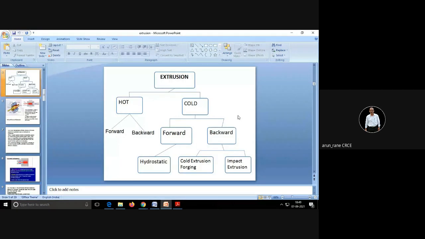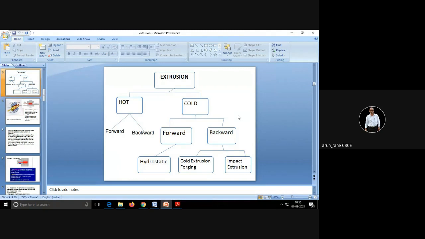So extrusion is broadly classified into two categories, that is hot extrusion and cold extrusion. Again, I am telling you that cold extrusion doesn't mean that the raw material is not heated, or that the extrusion is done at room temperature.